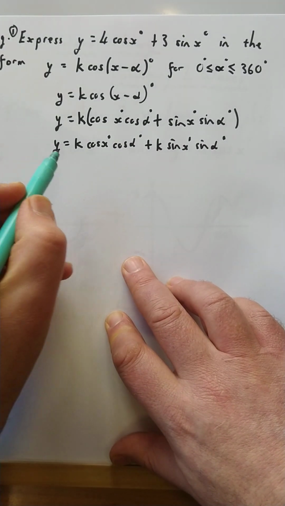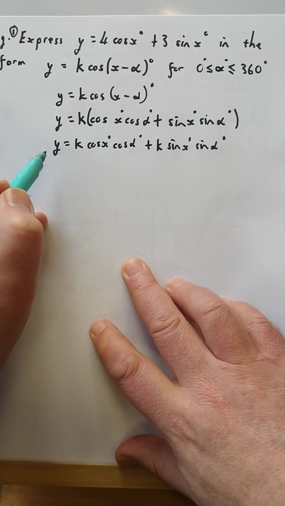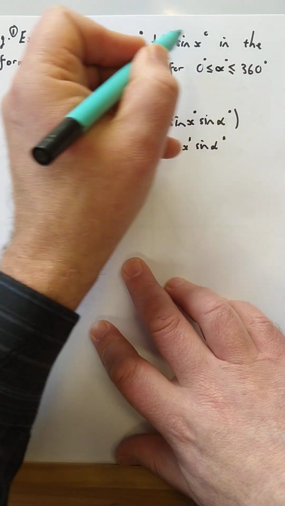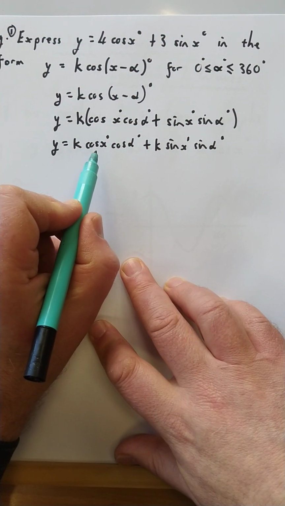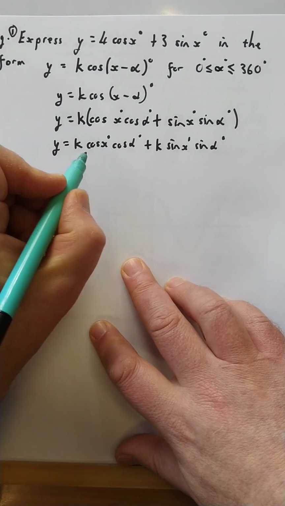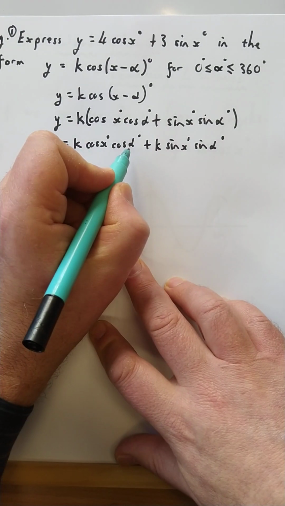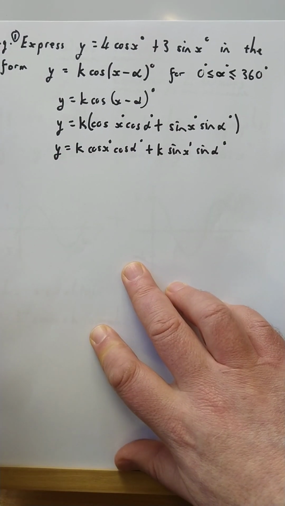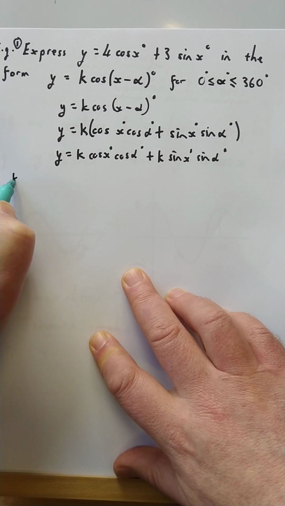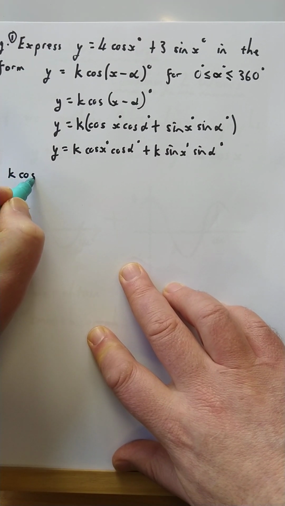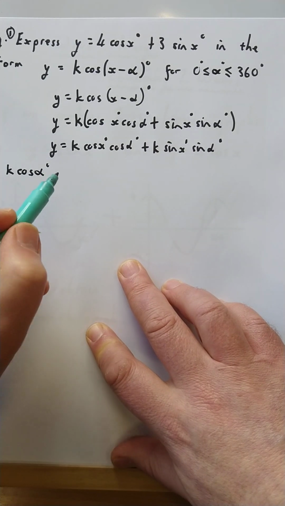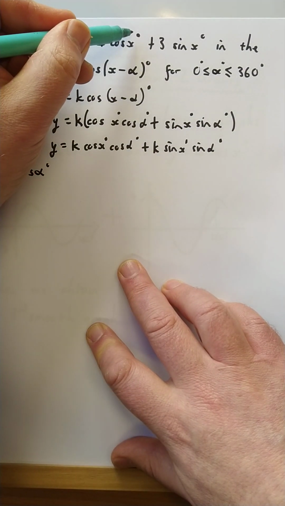Next, let's compare what we have here with what we have in the question. Here, what's multiplying the cos x? The k, but also the cos alpha. They're both multiplying the cos x. So I have my k cos alpha degrees. And in the question, what was multiplying the cos x degrees?